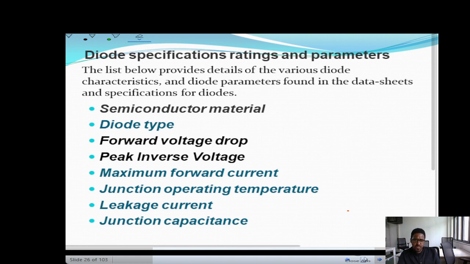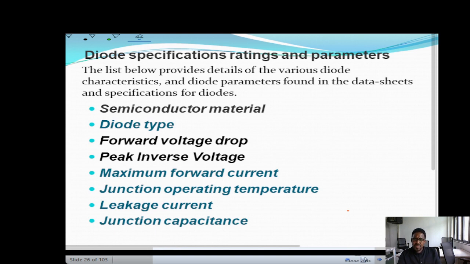So we must see the semiconductor material, diode type, forward voltage drop, what is the maximum forward voltage drop according to the application, and the peak inverse voltage during reverse time before destroying the diode. You must know the peak inverse voltage according to where you apply it.